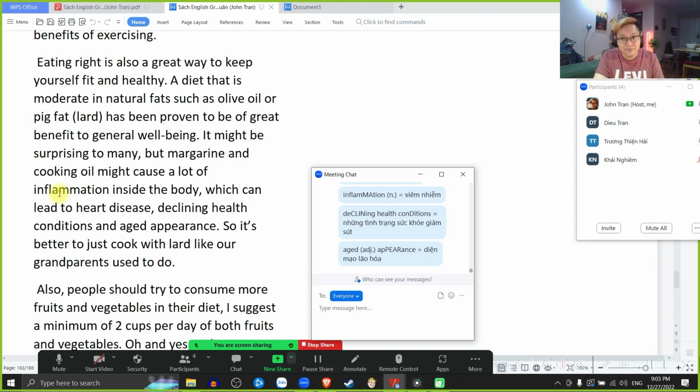You know why? Because they drink a lot of soft drink. Uống rất là nhiều những cái Coca-Cola, soft drink, Coca-Cola, Pepsi, 7-Up, Fanta. They eat out a lot, họ ăn ngoài rất nhiều luôn. And they let the skin exposed to the sunlight a lot, like every day.